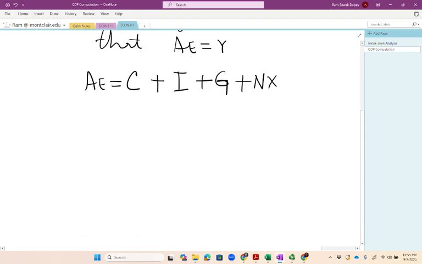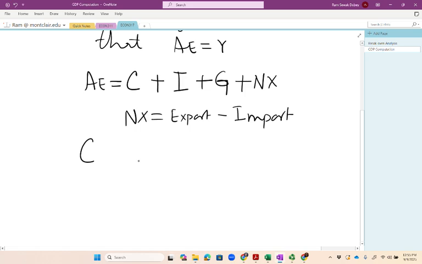So let me write here, net export is export, all the commodities exported from the country, and then we subtract all the goods imported into the country.